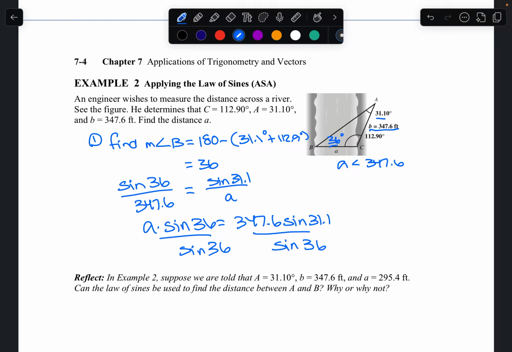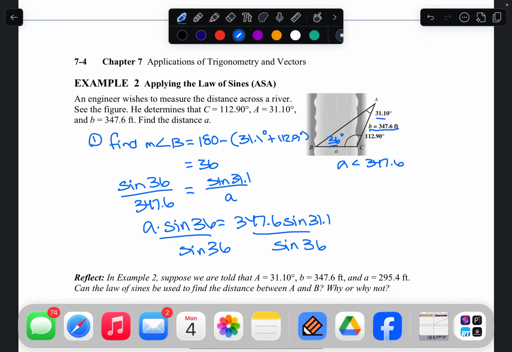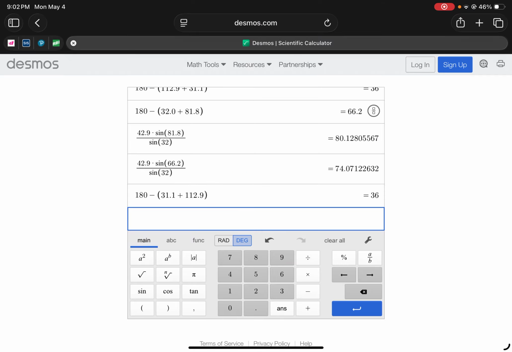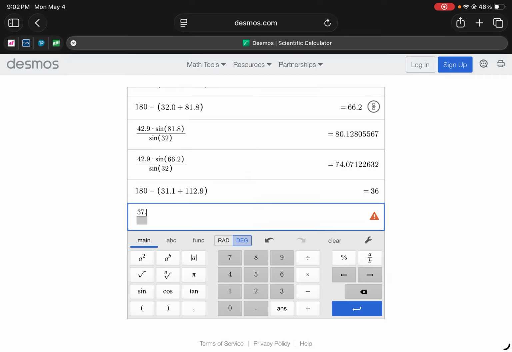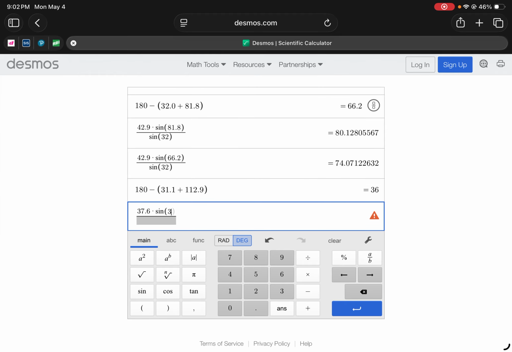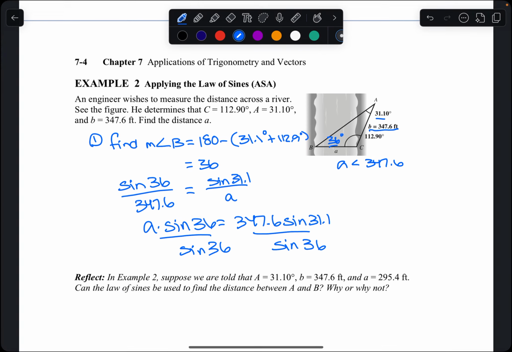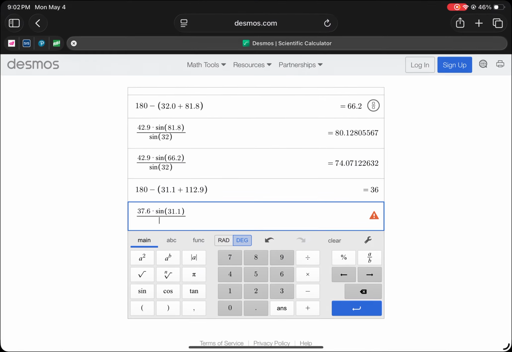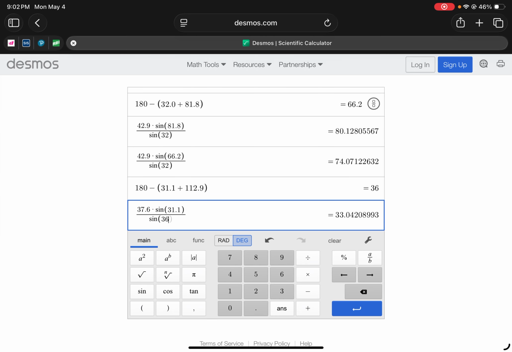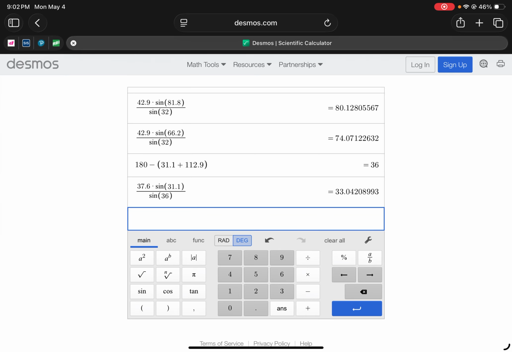That way I can give partial credit if I need to. So again, 347.6 times the sine of 31.1 divided by sine of 36. And we get 33.04 feet.